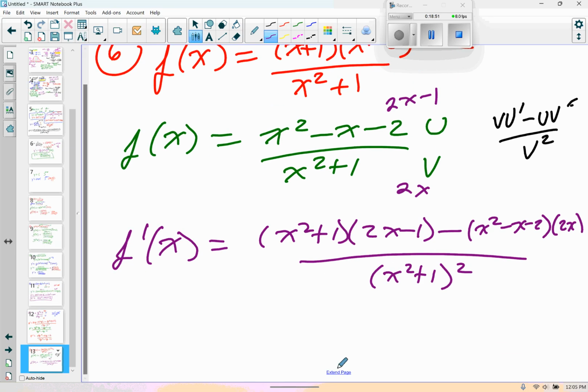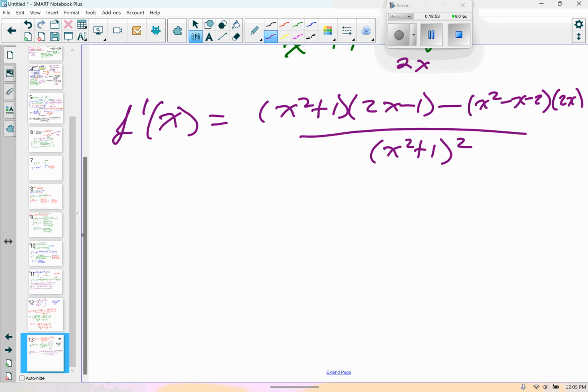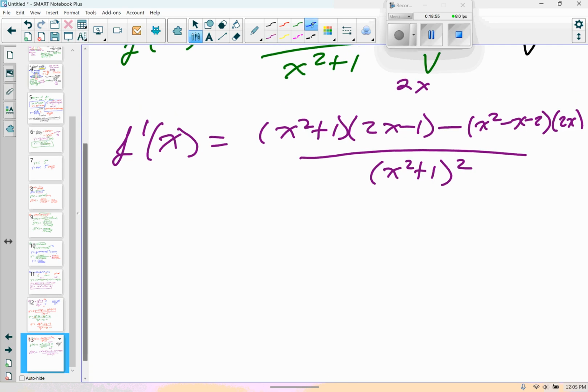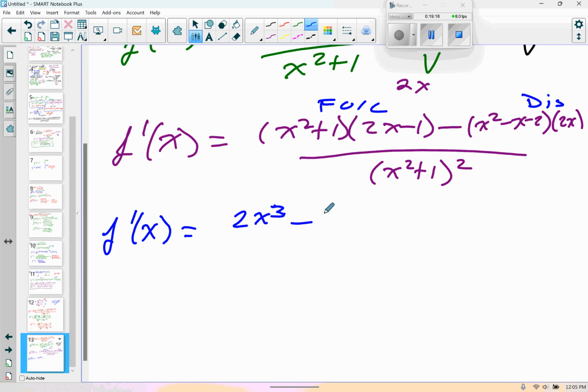And then algebra 1 is going to help us clean this up. So FOIL, distribute. So f prime of x is going to be 2x cubed minus x squared plus 2x minus 1.